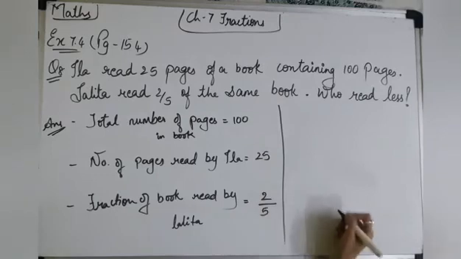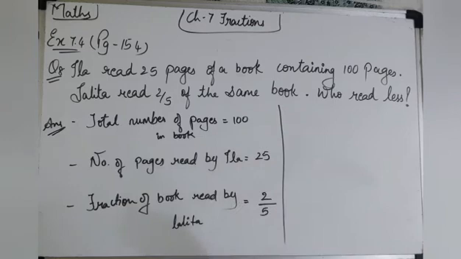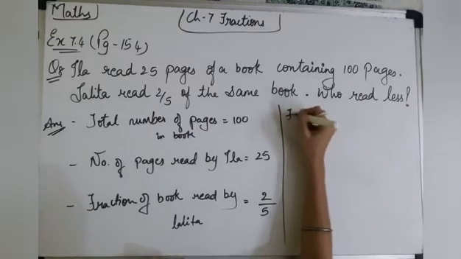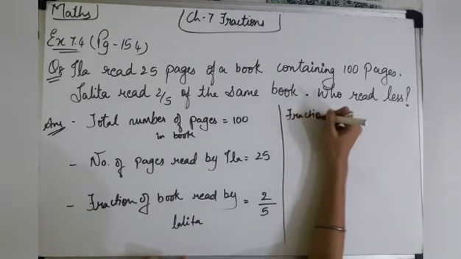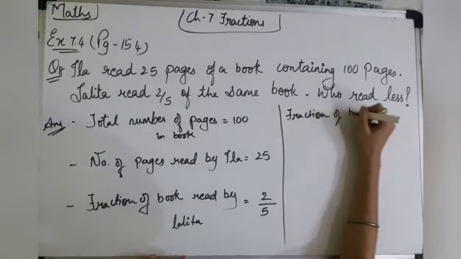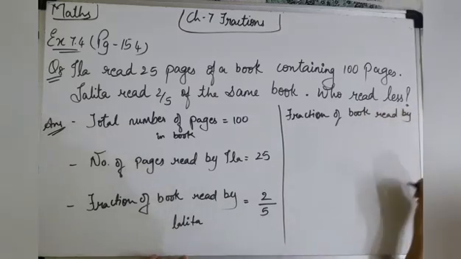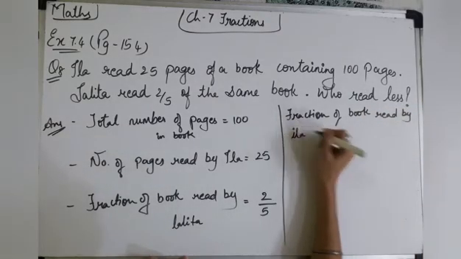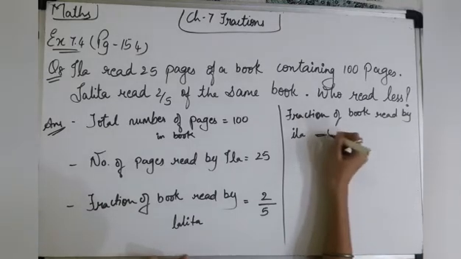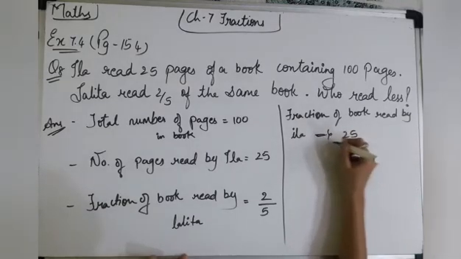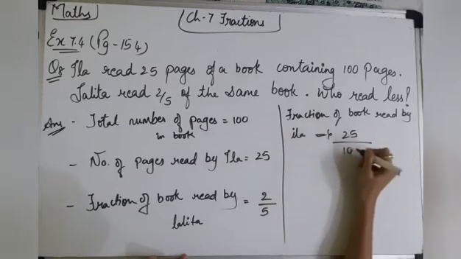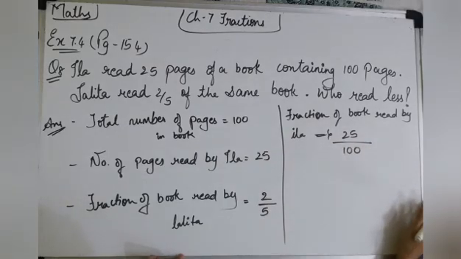So first what we'll do, we'll convert Leela's pages into the fraction. Okay, so here we'll write fraction of book read by Leela is equals to 25, and total we are writing in the denominator, as you know, right?